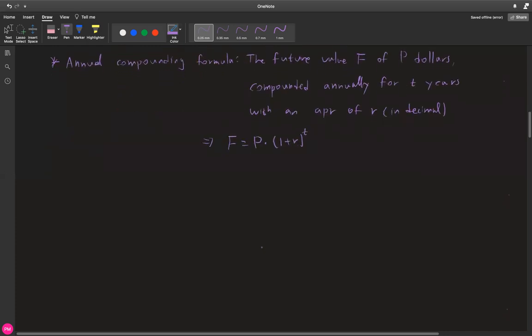So just to see how the annual compounding increases, let's look at a little table. Suppose that for some T, or a time in years, we first invested $1,500 and the APR is 4.8%.